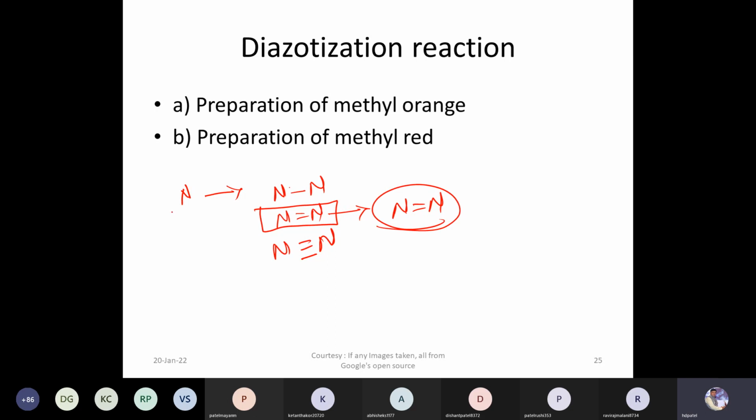Now how do we generate N double bond N? For that we require one nitrogen, and this nitrogen must be in aromatic nature. So we have ArNH2.